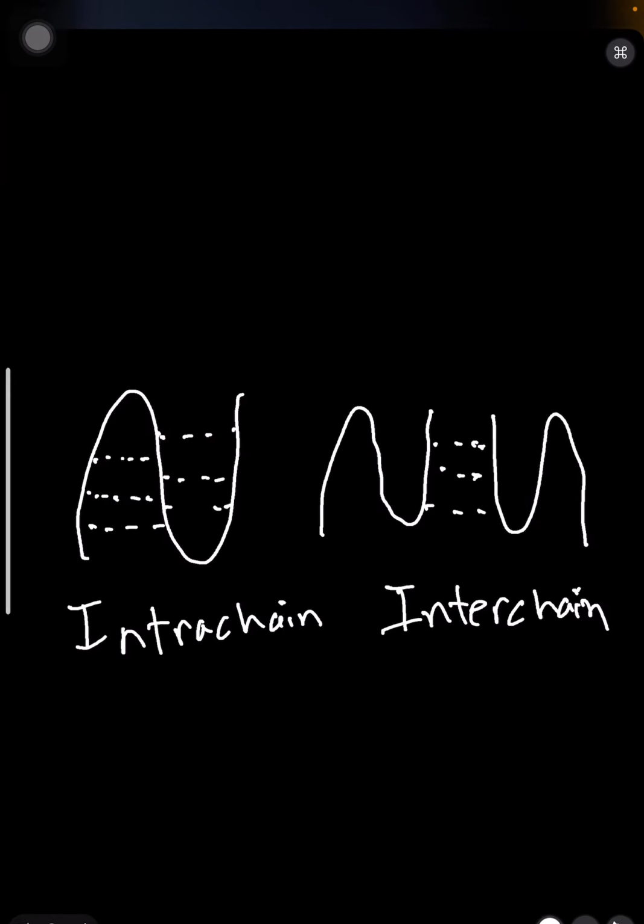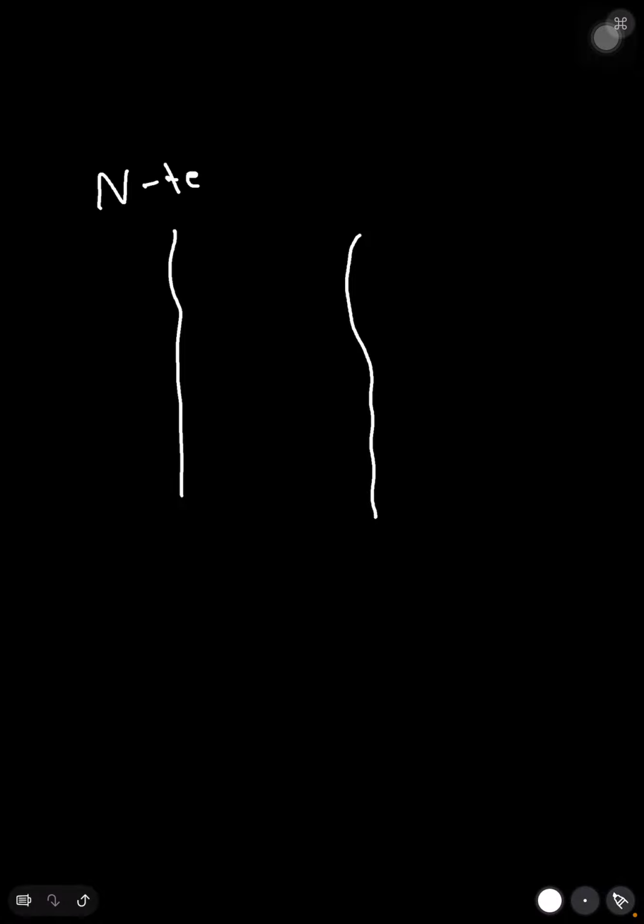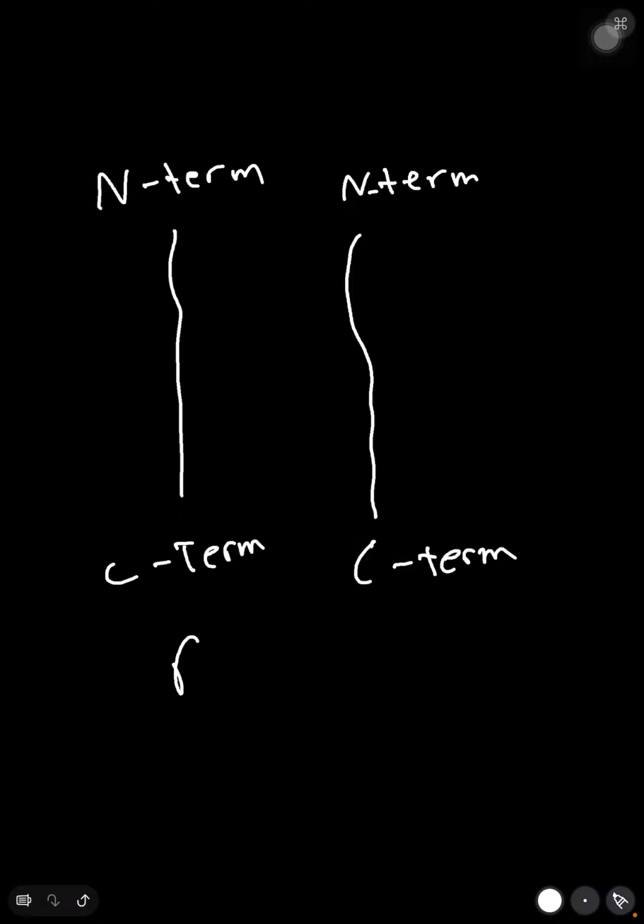So if you had two beta sheets and they were aligned like this, that would be parallel.